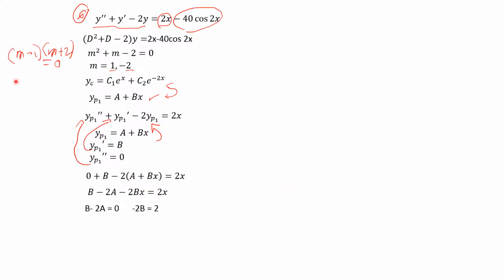Now observe that your b minus 2a will just be the same as 0. And your negative 2b, equating coefficients of like powers, will be the same as 1. Therefore b is negative 1/2, and plugging it there, b minus 2a equals 0, then your a is what?